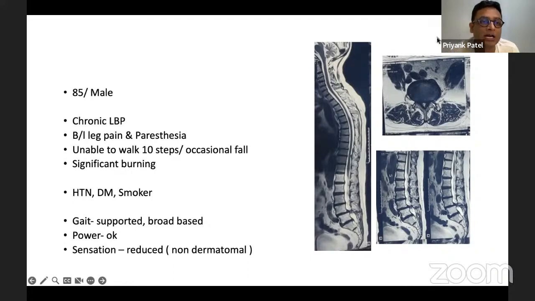If you see on the axial cut that there is compression at 2-3, 3-4 and 4-5, you know that eventually the patient is going to require surgery at 3-4 and 4-5. You do an L2 to L5 decompression. That's the take-home message you have to go with. Thank you, sir.